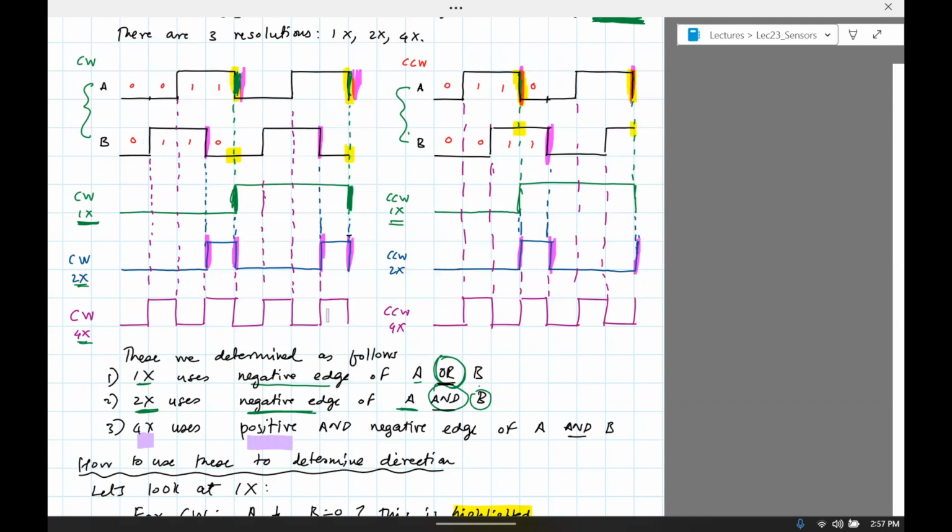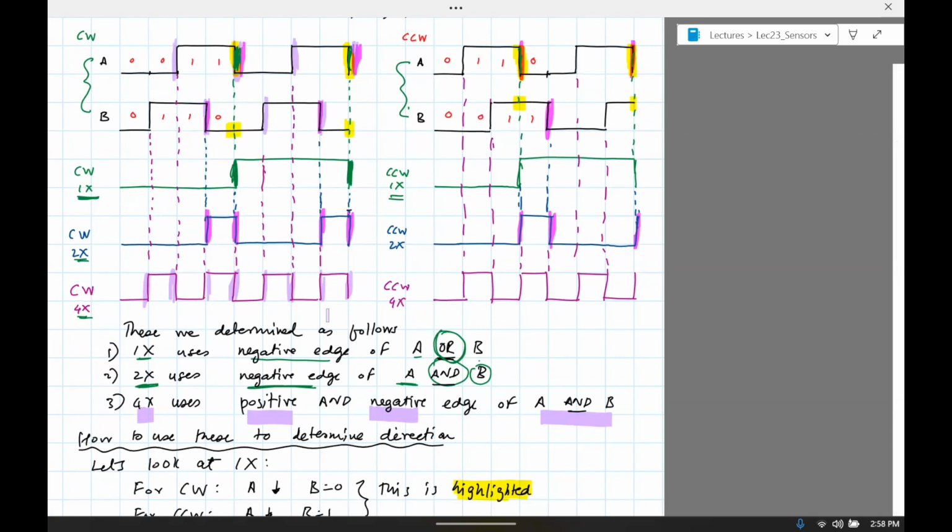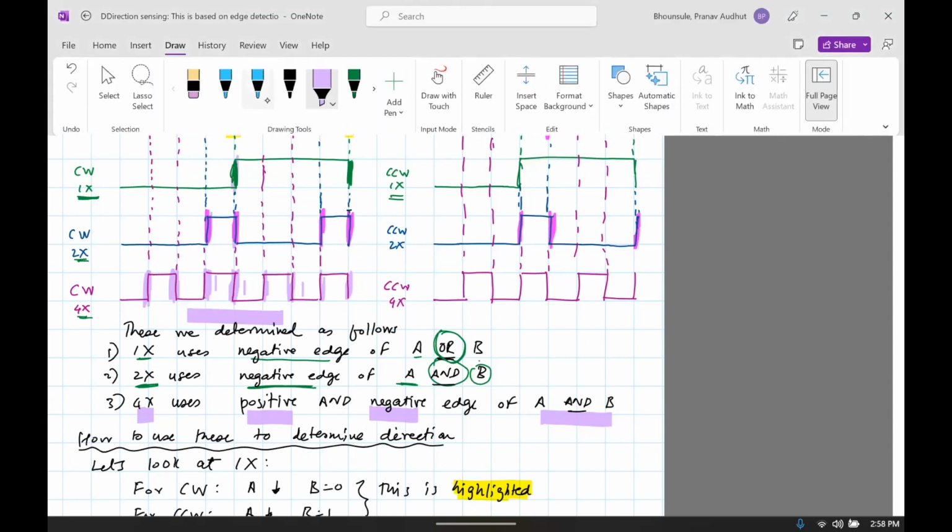And then the last one, 4x, is triggered on the positive and negative edge of A and B. There you'll see that it has many more spikes. These come from this edge, this edge, this edge, this edge, this edge, this edge. So you see more spikes. Anyway, this is 4x. Here you're just going to count these edges. So if you count 1, 2, 3, 4, 5, 6 in one cycle, you only count 2 here and only 1 here.